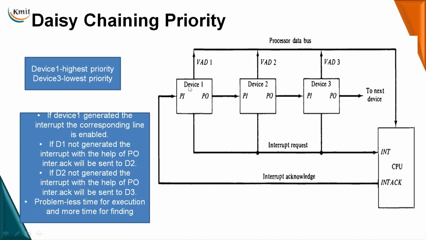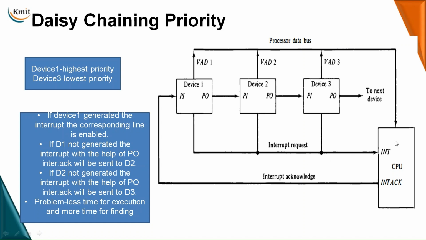If you take a magnetic disk, which is a high priority device, that will be device 1. The next high priority device, if it is a keyboard or a monitor, will be device 2. Next, device 3. So the devices are connected according to their priority. High priority devices are placed first, and the last will be the low priority device. In that way they are connected to the CPU through the interrupt request line.